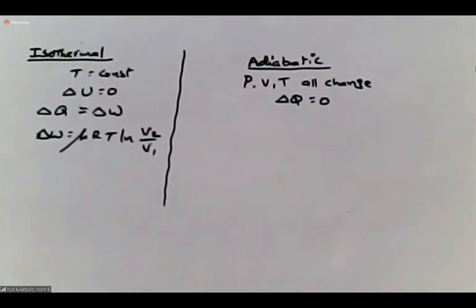When pressure, volume, temperature all three vary, it is said to be a polytropic process. Among the polytropic processes, adiabatic is the simplest process with a condition dq equal to 0. That means you are not allowed to either add heat or remove heat from the system.